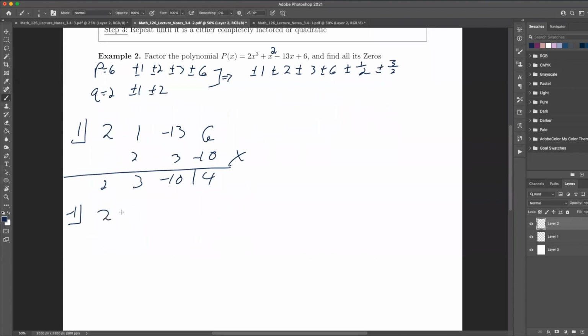Okay, so we have 2, 1, minus 13, and 6. And so here we'll have 2, minus 2, negative 1, then positive 1 multiplied by the negative 1, minus 12, 12, 18. Okay, so -1's not a zero.